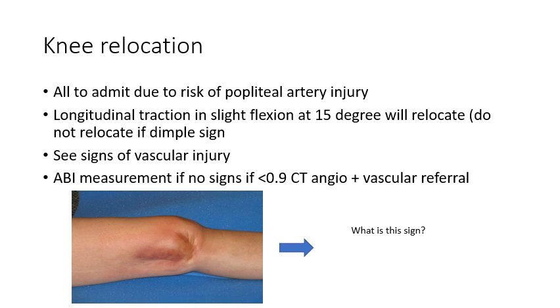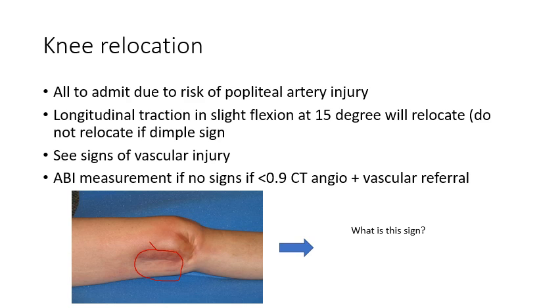Okay, the relocation is very simple, just a longitudinal traction in slight flexion of 15 degrees will relocate it. Okay, but if you can see a picture, I've given you a picture at the bottom. If you see this sign, this looks like a dimple. How a dimple comes on the cheek, this looks like a dimple on the knee.